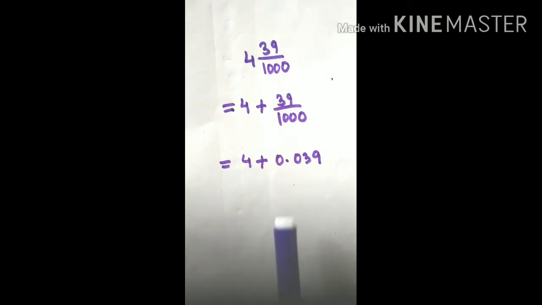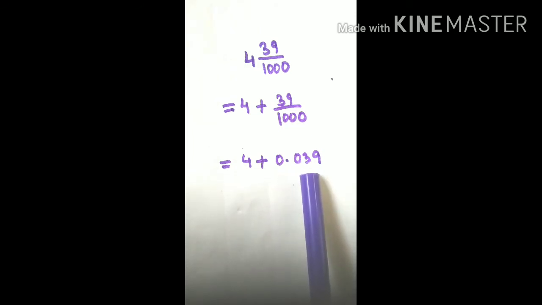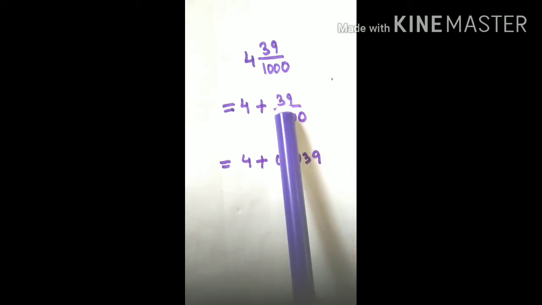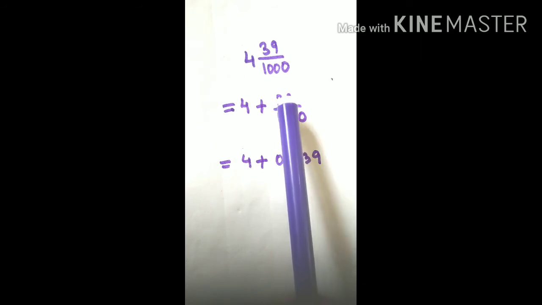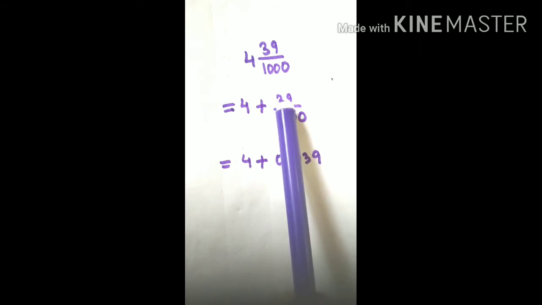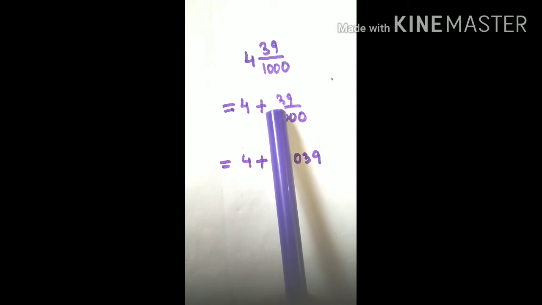Now students, look at this decimal. Here, the digit in the tenths place is 0, but the digit in the hundredths place is not 0. The reason is that there was a digit in the hundredths place here, 3 was in the hundredths place, but there is no digit in the tenths place.